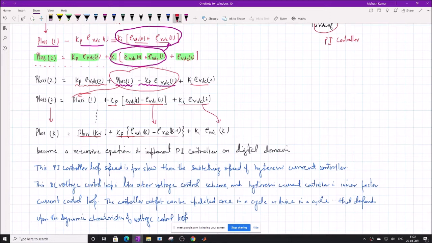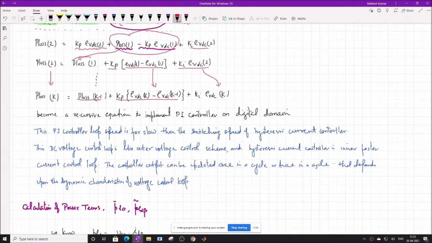So this is like sum is equal to sum plus something. Therefore the computation of this term becomes recursive and easy to implement in the digital domain. You can use this scheme for implementation of any PI controller on your power electronic circuits or anywhere. All right, so that's how we generate P loss.